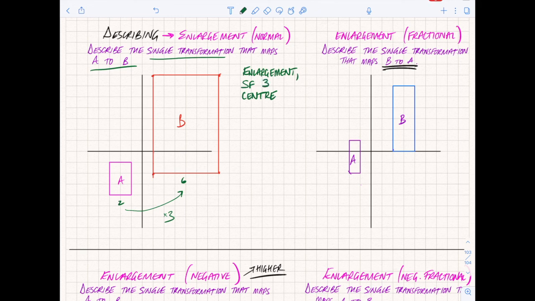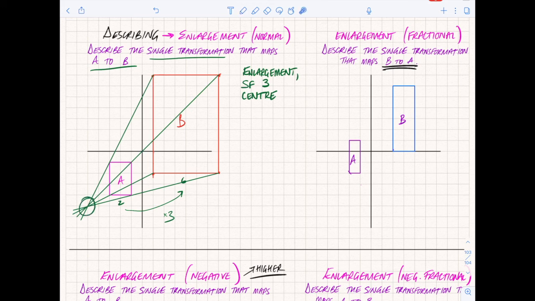Okay, but now the last thing you need to find is the centre. Where does it actually enlarge from? And in order to do that, all you do, take your ruler, take your pencil, and join each corner to each corner. Follow your points through, extend them out a little bit if you need to, and then where they meet, which is this point here, is your centre of enlargement.